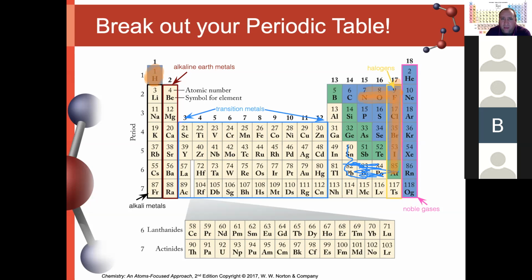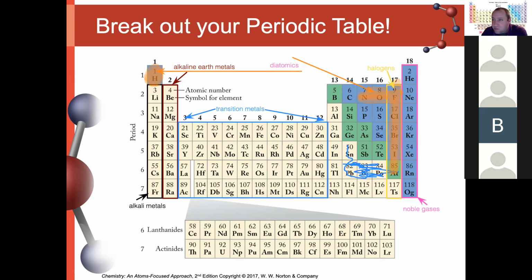And what that means is that these substances will naturally on their own pair up with themselves and as an element exist in a pair.